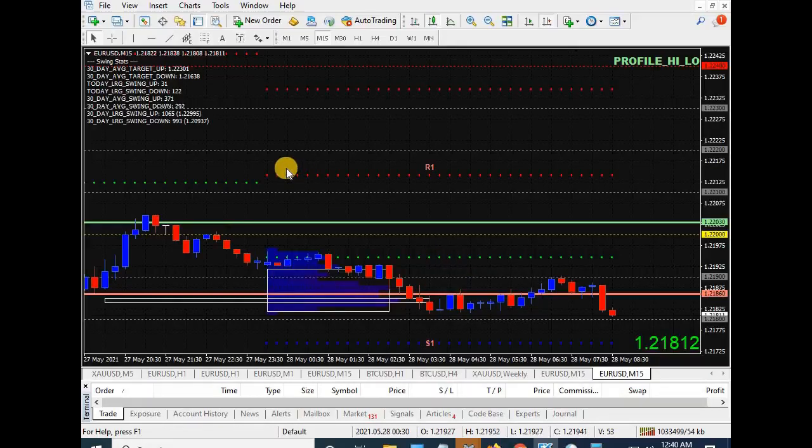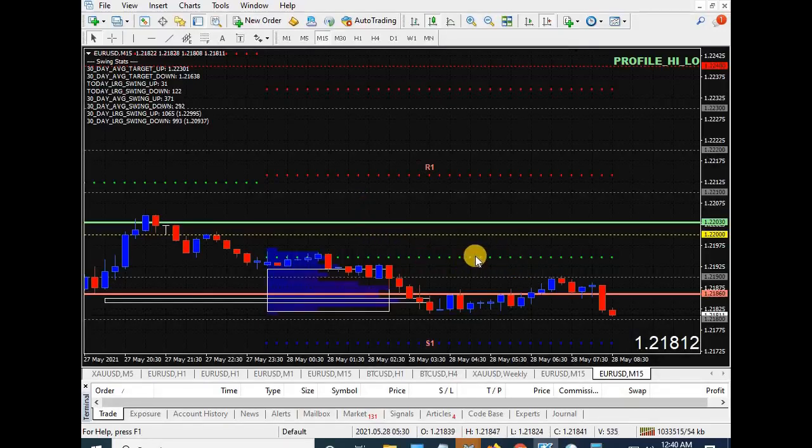Let me show you another. This is a little trick. When I very first started trading and discovered pivots, I used to use this a lot to ascertain the trend.